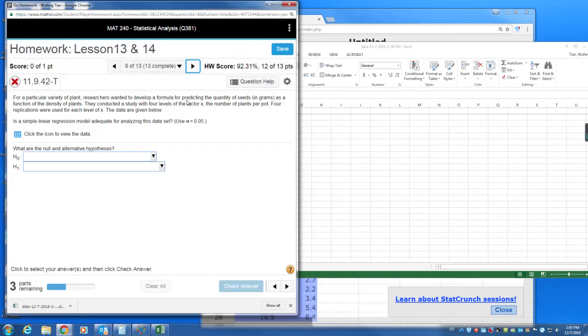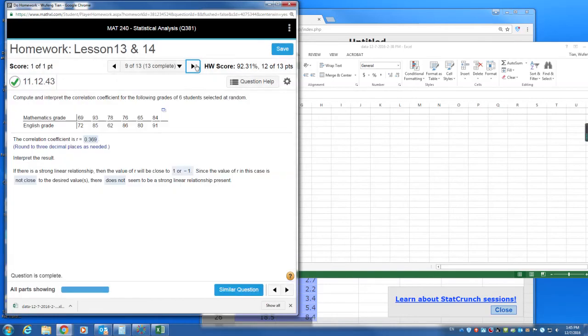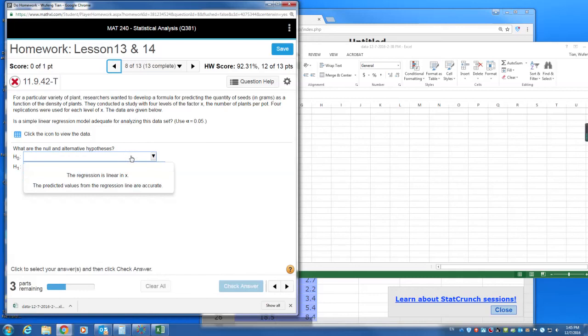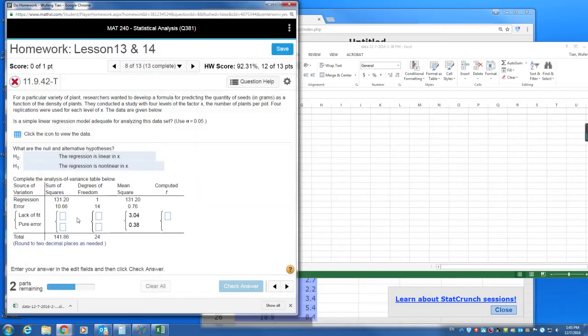So point number 8 is the same as number 7. I look at this, it's pretty much exactly the same. You do the linear regression, you do the nonlinear regression, and you have the same thing as the previous one. The data is the same, you have the same values.